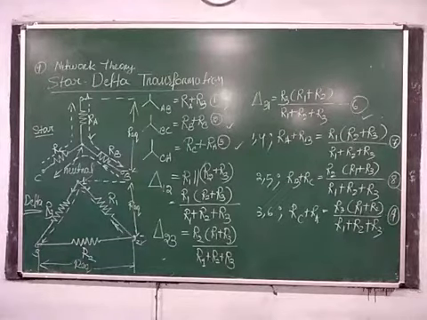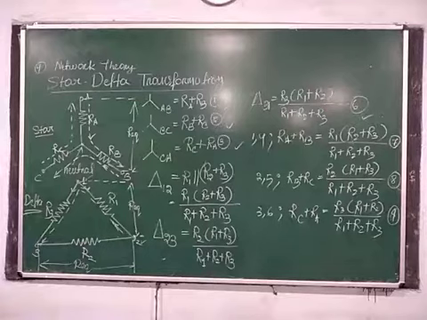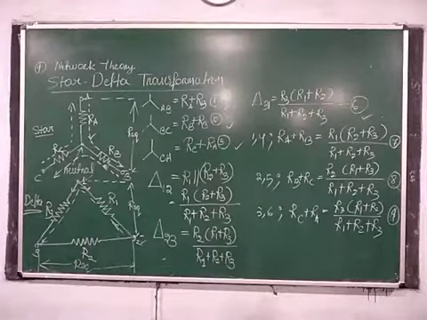Equations 7, 8, and 9 show that the equivalent resistance between any two terminals, whether connected in star or delta, is equal.